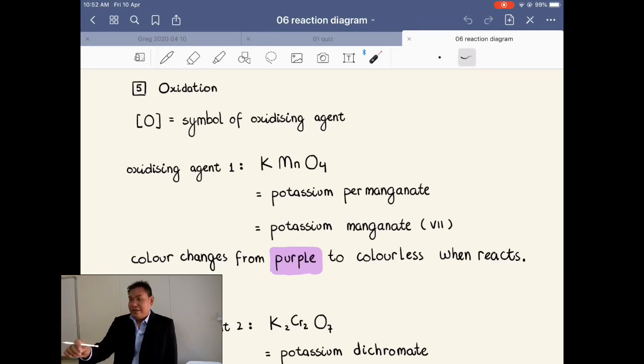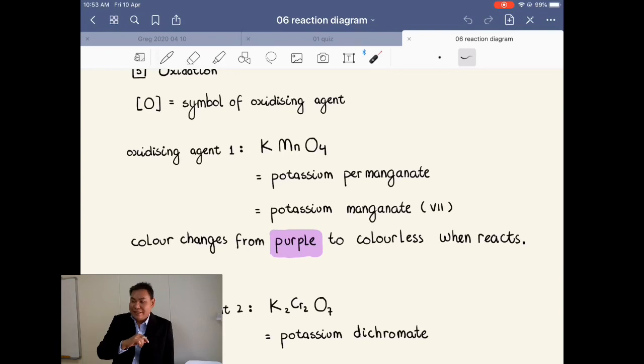So when you put KMnO4 into a solution and the color of KMnO4 changes from purple to colorless, it means that the KMnO4 is oxidizing something, which means there's a reducing agent in the substance.